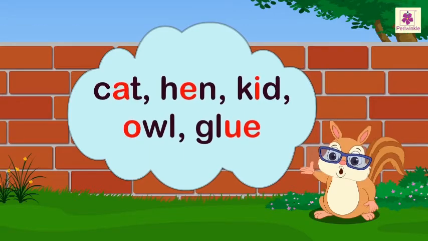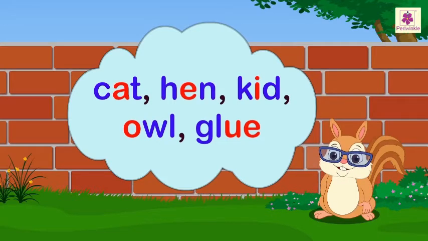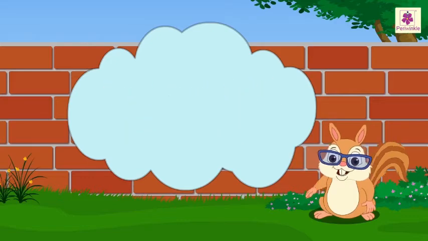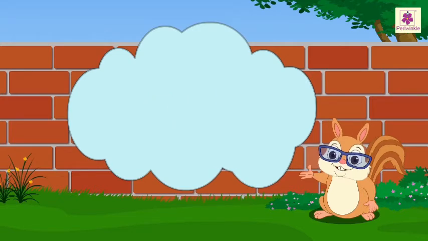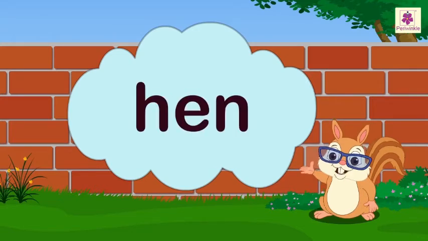In the words cat, hen, kid, owl and glue, the letters other than the vowels are consonants. In C-A-T, cat, C and T are consonants. In H-E-N, hen, H and N are consonants.